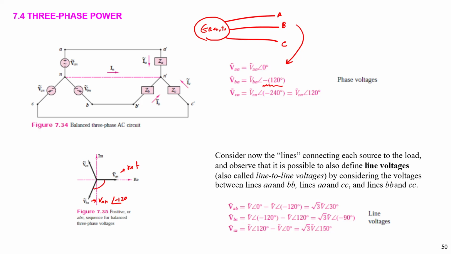And then phase C will lag another 120. So VCN will be VAN with minus 240 degrees here. It means that VCN will lead VAN by 120 degrees.